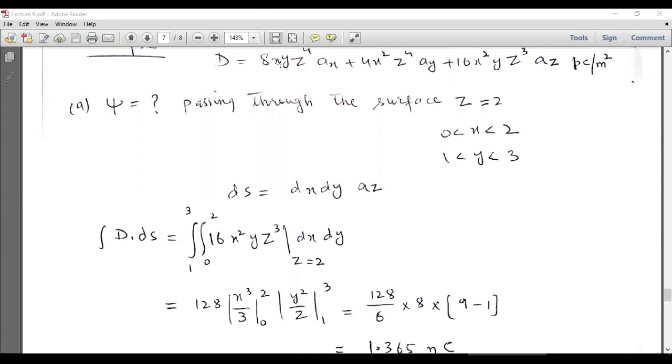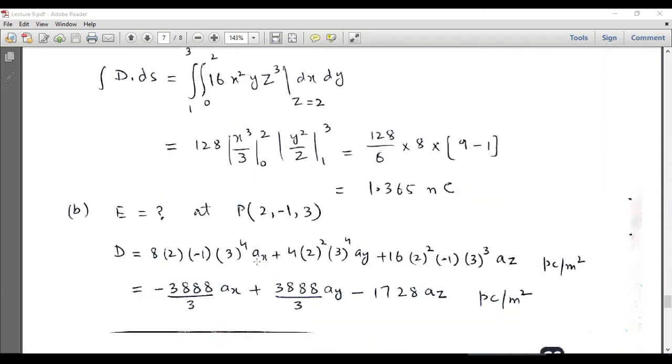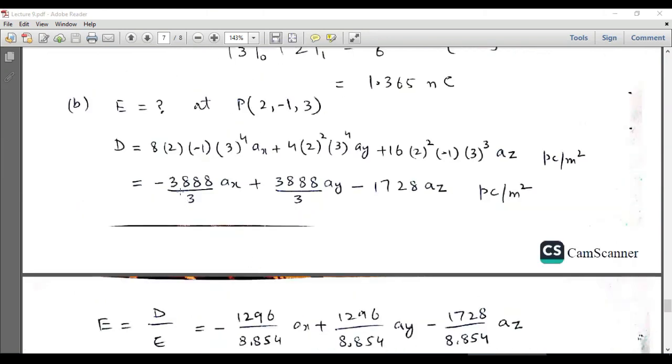Just put the coordinates of x, y, and z of this point in this expression. Then we will get D, and that D will be equal to this expression. By mistake, I actually forgot to divide this expression by 3. So that's why I have written divided by 3 for these two components, and this is 1728 az.